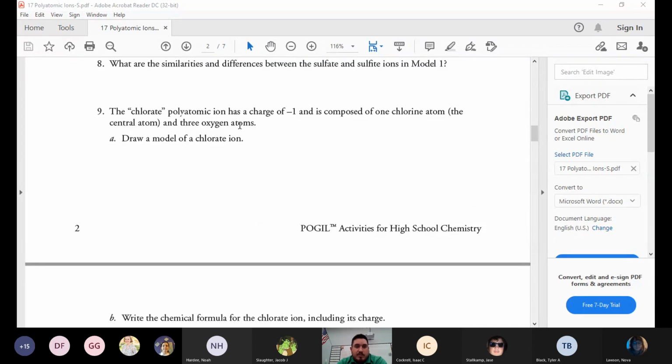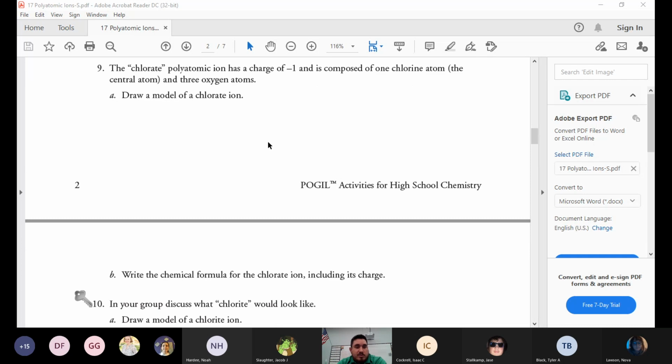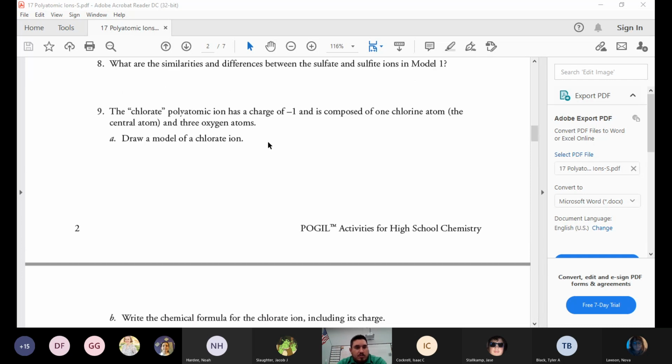All right, the chlorate polyatomic ion has a charge of -1. It is composed of 1 chlorine atom and 3 oxygen atoms. All right, so try that. Right, and so a chlorate there.